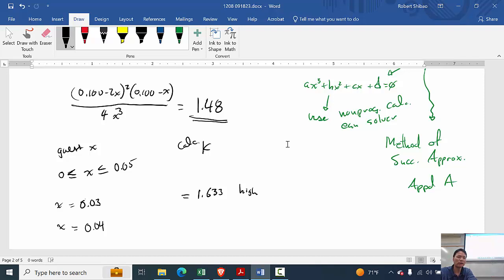Wait, I got it wrong. Sorry. 0.04 times 2 is 0.08. So that's going to be 0.02 squared times 0.06 divided by 4 divided by 0.04 cubed.